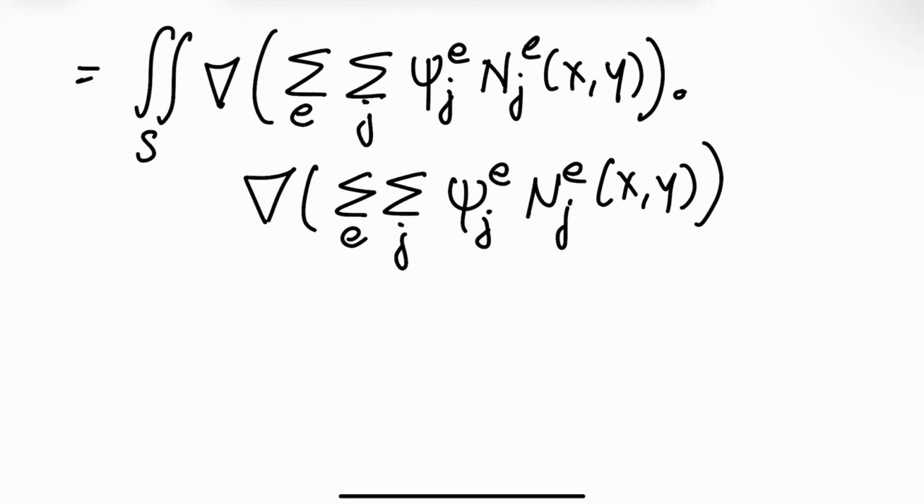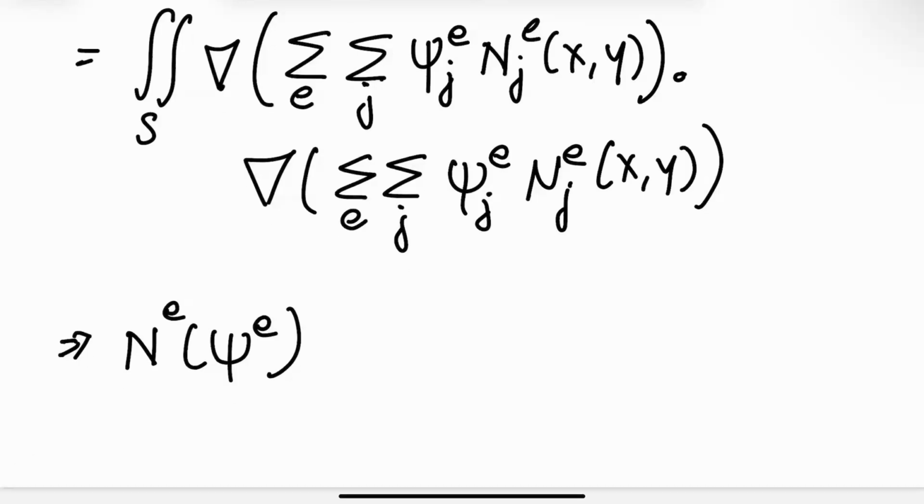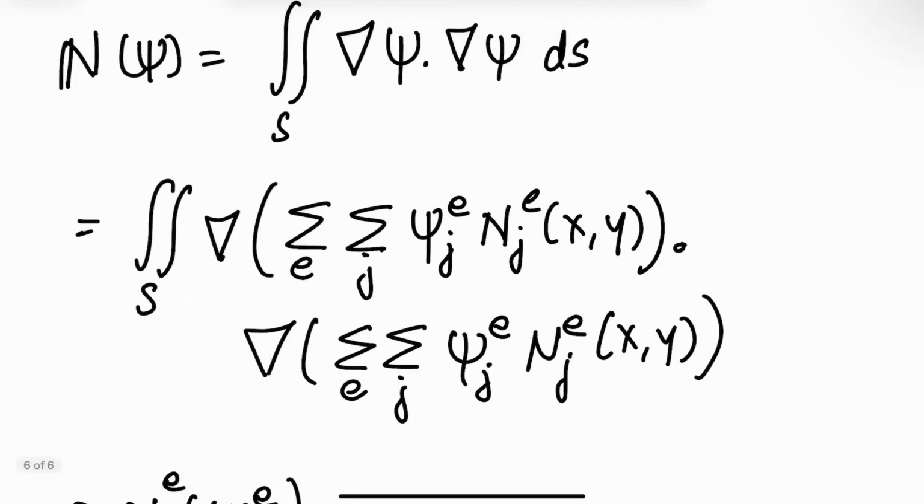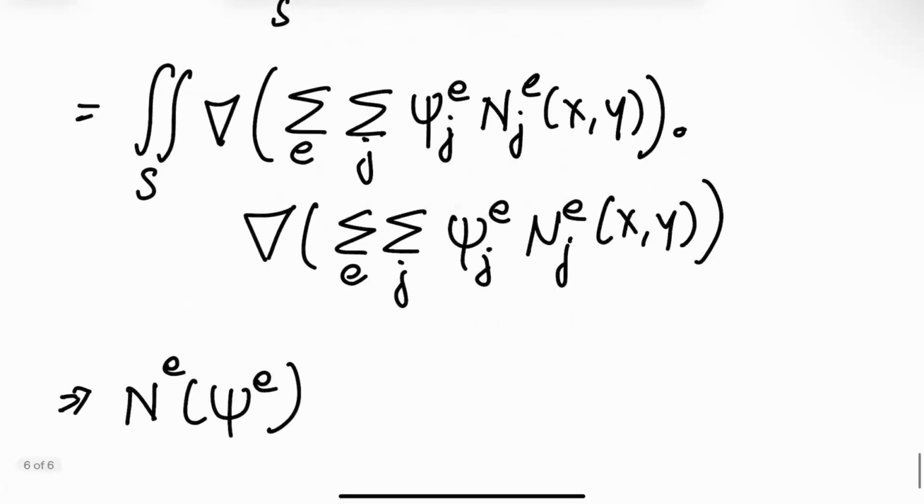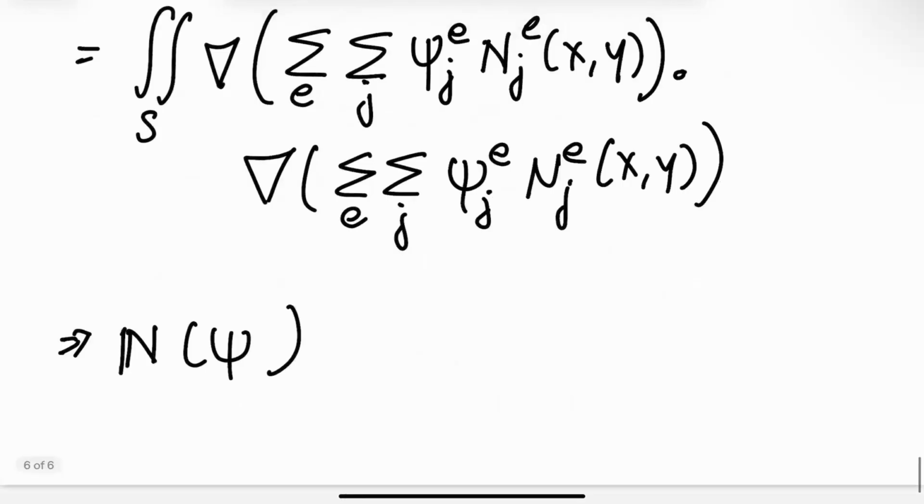Maybe I should clarify one thing. Maybe I can call this fancy N or block N. So I'm talking about this block N. So I can write this block N of psi, which is what I have out here, as a summation over each element.